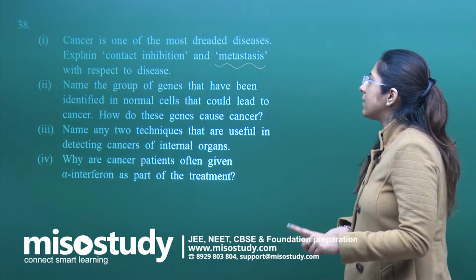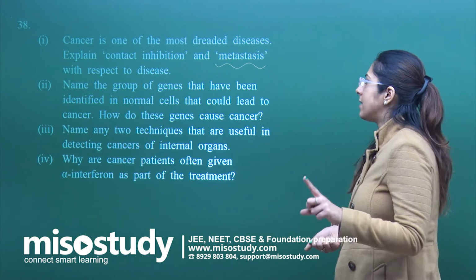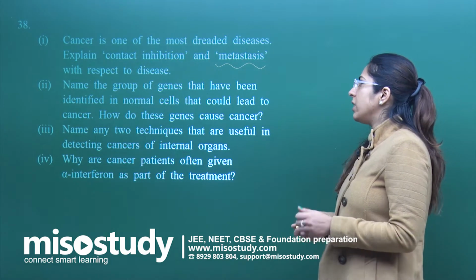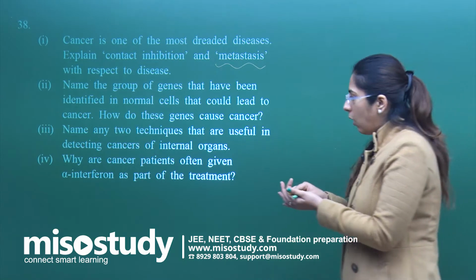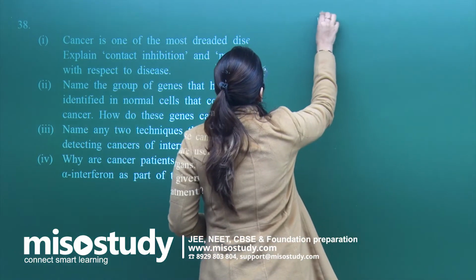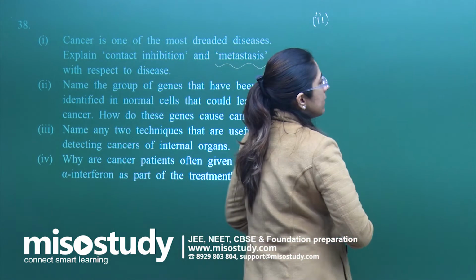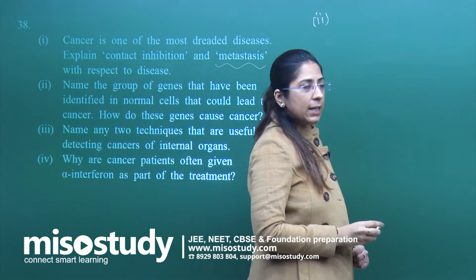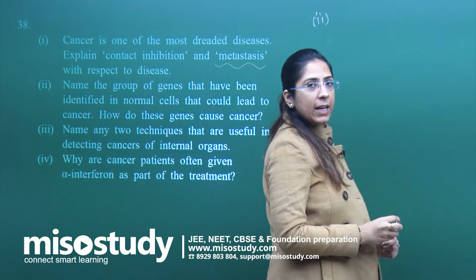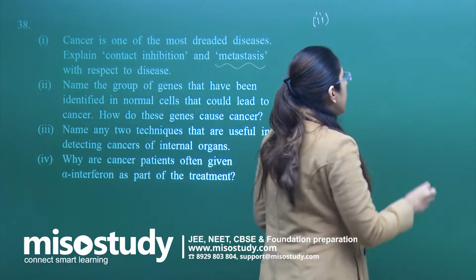Name the group of genes that have been identified in the normal cell that could lead to cancer, and how these genes cause cancer. The second part of this question states that we have to discuss the genes. Yes, the genes of cancer are present in a normal cell.